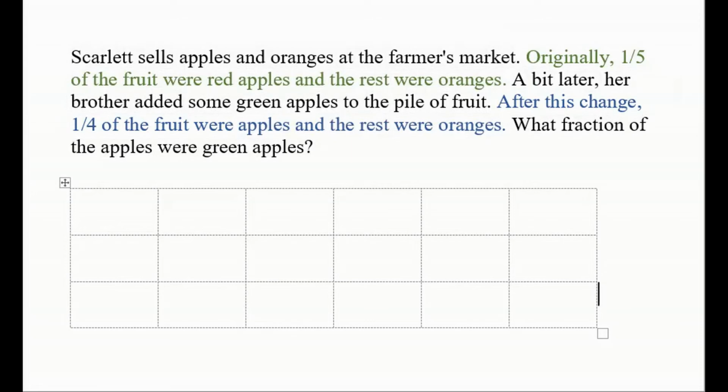That allows me to conclude that for every one apple, there were 4 oranges. So let's put it here. And these are just apples. And these are oranges. So the green sentence allows me to conclude this.